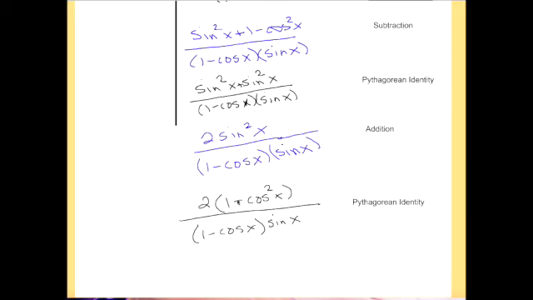And that Pythagorean identity is also quite nice because it is also a difference of two squares.